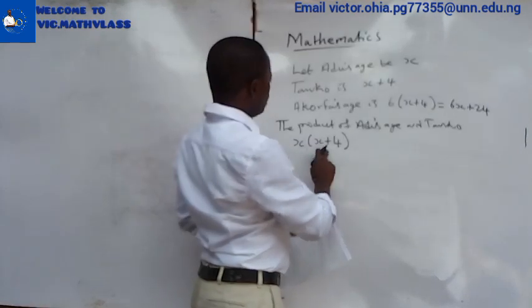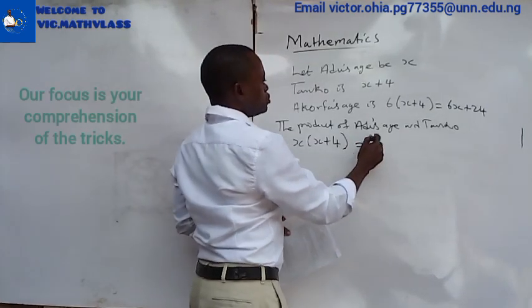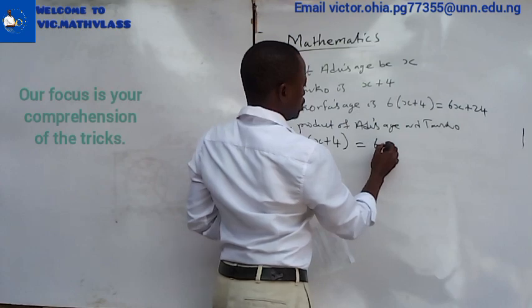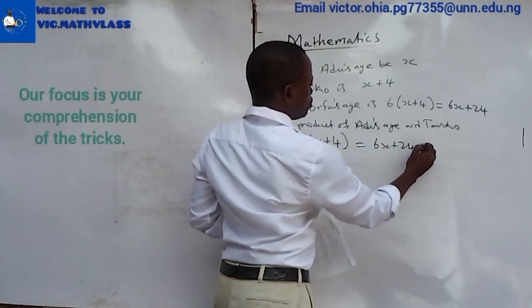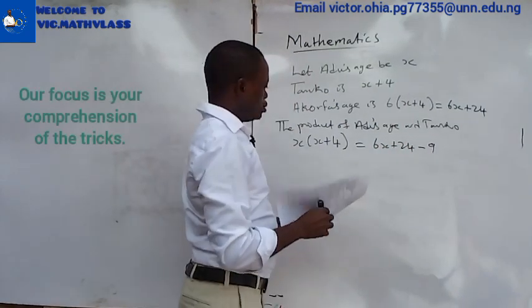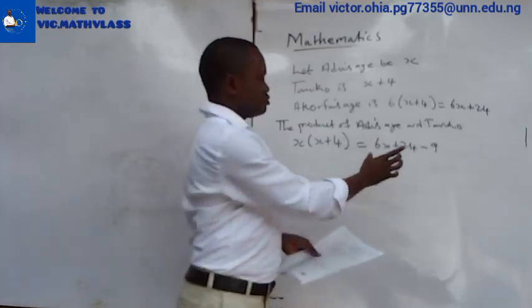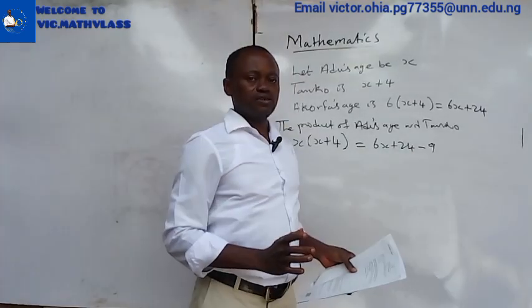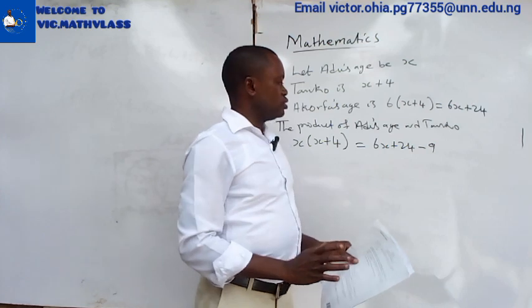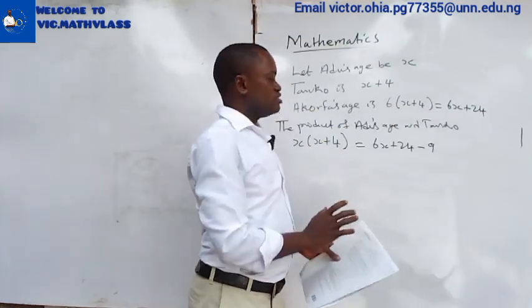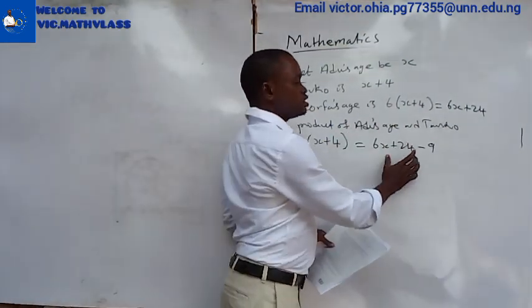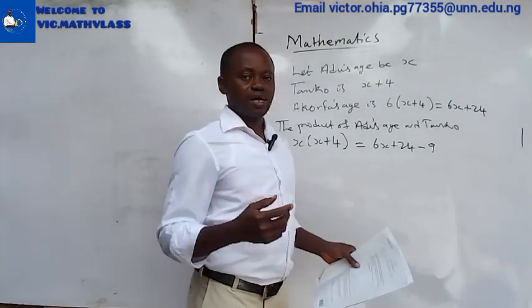So whatever this product is, it will be equal to Akofa's age, 6x plus 24 minus 9, because the product of these people's ages is 9 less than whatever this person's age is. Do you see the procedure? The product is 9 less, meaning whatever this person's age is, remove 9 out of it.